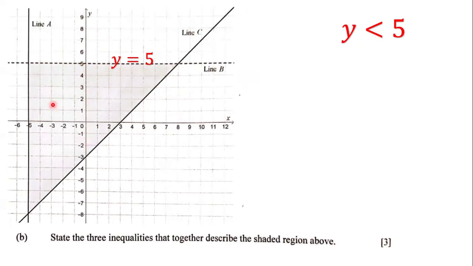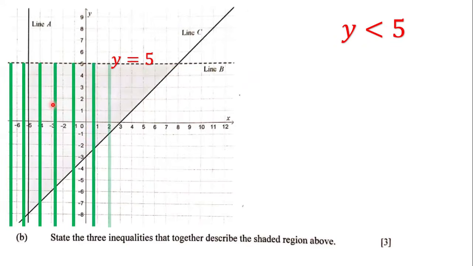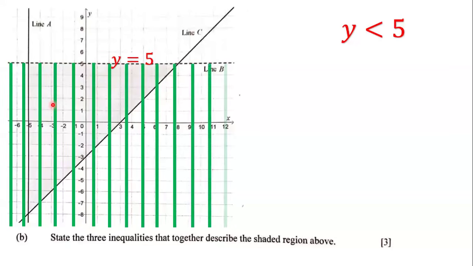So that means that if we were to shade the region y is less than 5, it won't be the region above, right? I'm sorry, it would be the region below this particular line, y is equal to 5.